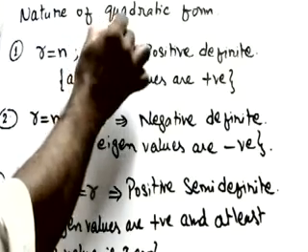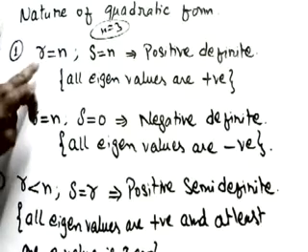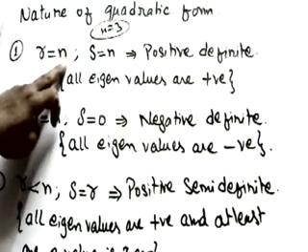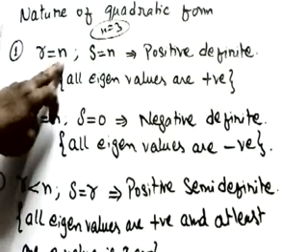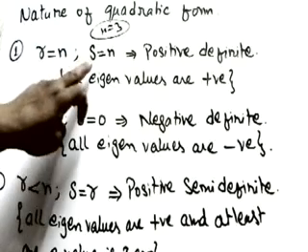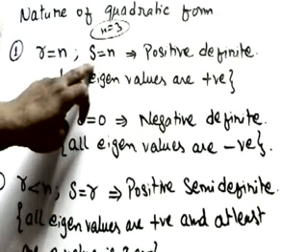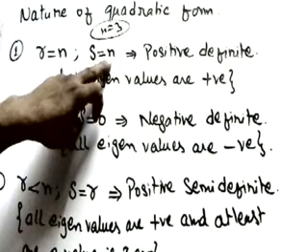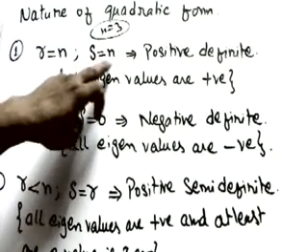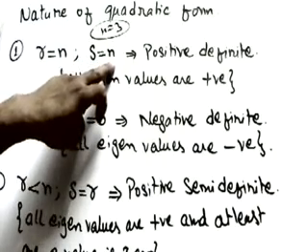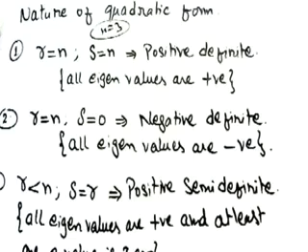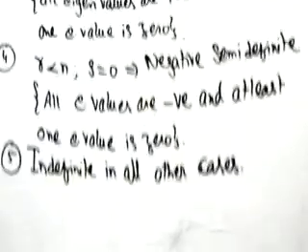Now consider n equals 3. Now watch carefully. If the rank and the number of variables are the same, where r means rank and s means the number of positive terms, and s equals n, then we say it is positive definite.